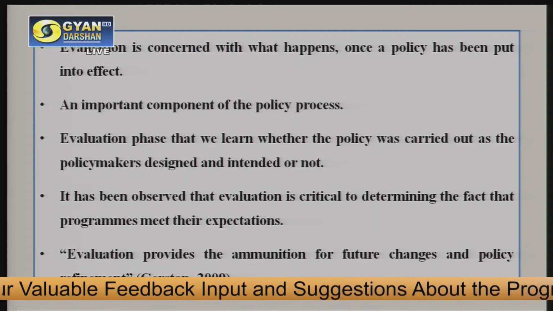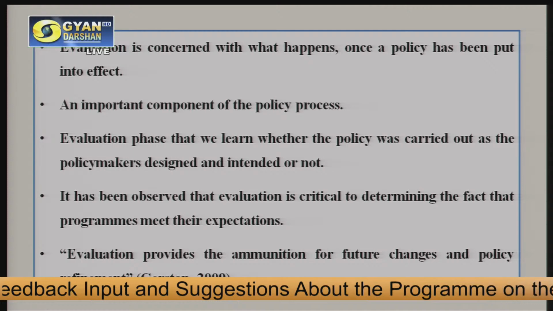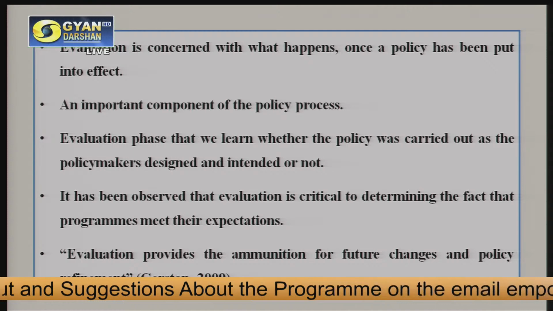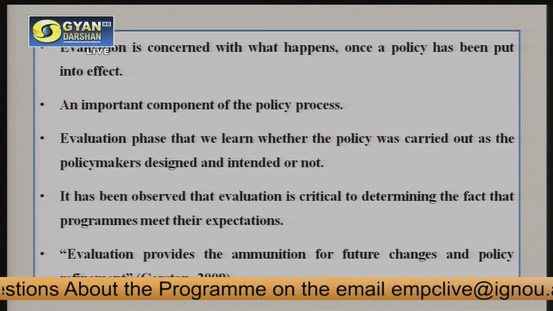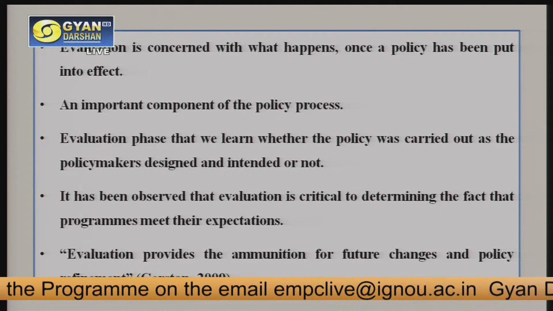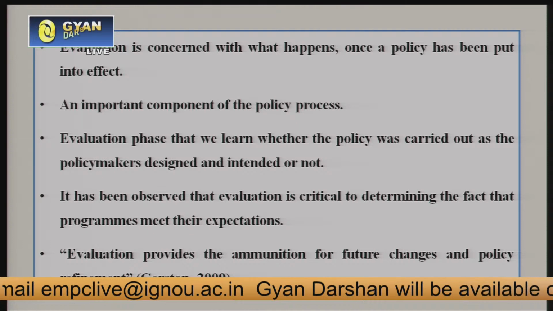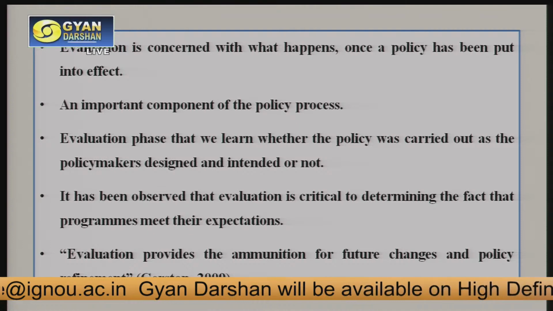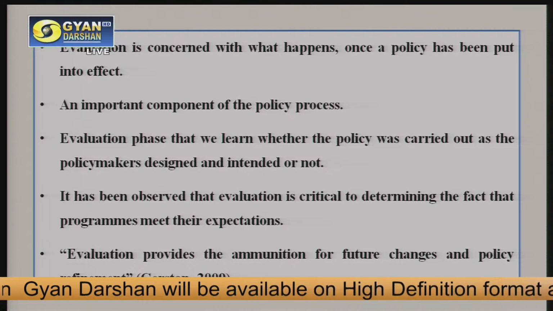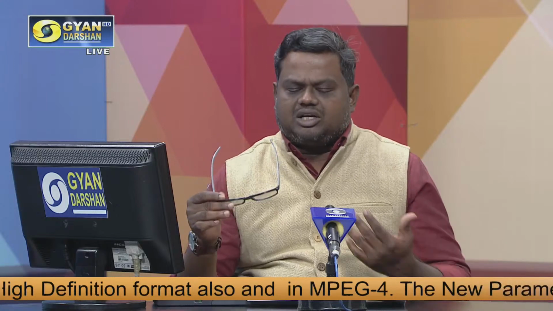When you are making a public policy, there are various phases. Before making public policy, you should know what the underlying problems are. Once you have found the problem, you have to find the various alternatives or policy choices.